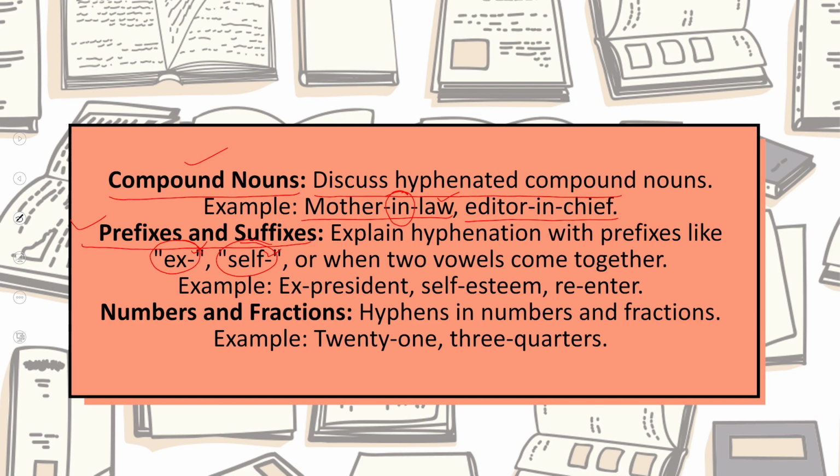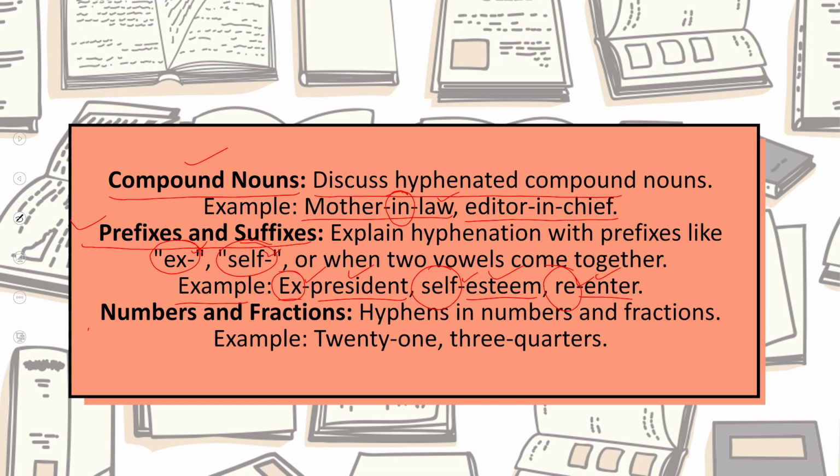Or, for example, ex-president. Now, this is our prefix, this is also our prefix, and this is also our prefix. This is coming before our main word, right? The main words are president, steam, and enter. But we added a group of letters and we call them a prefix because they are coming pre, before the word. And here you can see the use of hyphens very clearly on your screen.